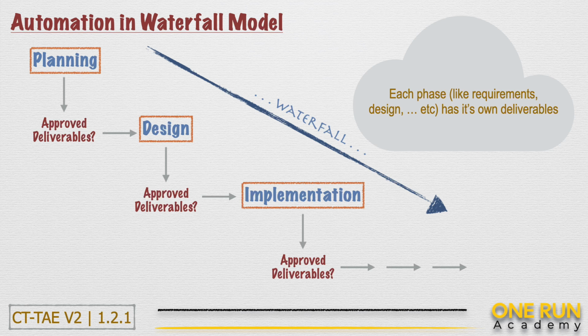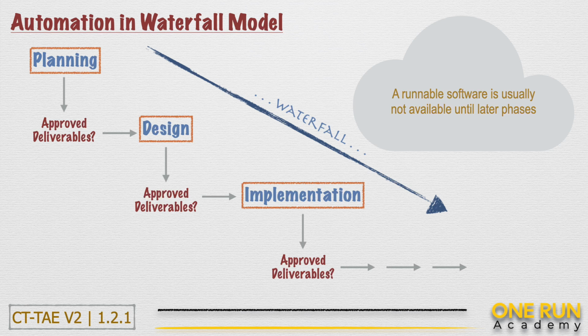The design phase outputs the system design document, and in the implementation phase, we finally get something tangible, the code, of course. Now, the deliverables of each activity must be approved by stakeholders before we can even dream of moving to the next activity. This is why we get a runnable work product very late in this specific model.